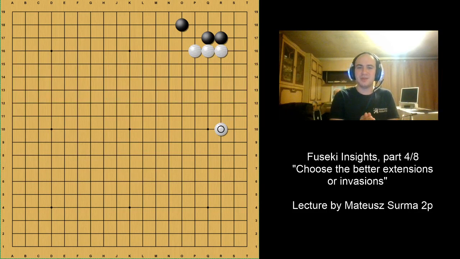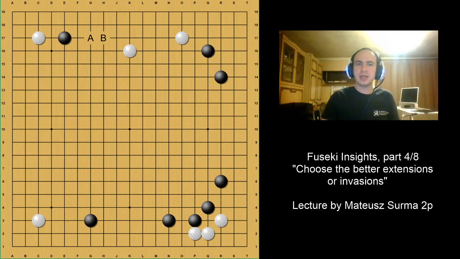Because maybe we will need a wall because there will be some fight, or maybe we will need territory because there will be no fight. So this territory would just be more interesting in that case. So this is a nice thing to think about, that it's good to have many options when we play our games. But let's move to the other situation.